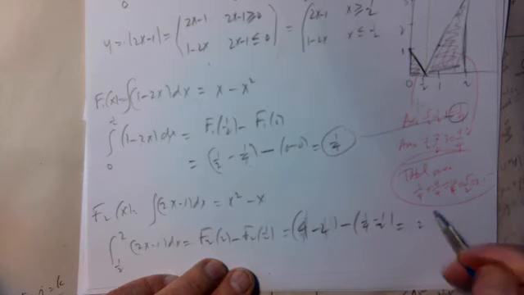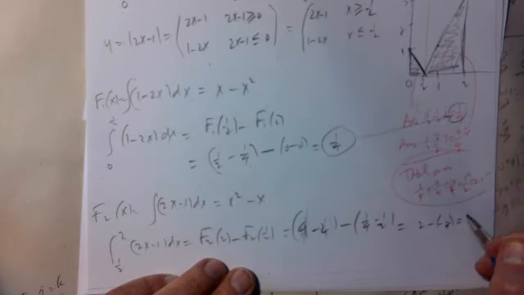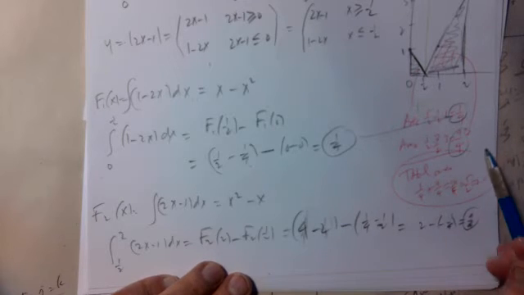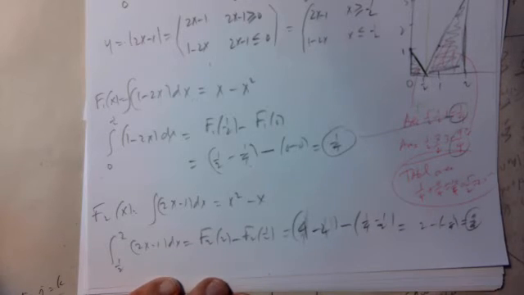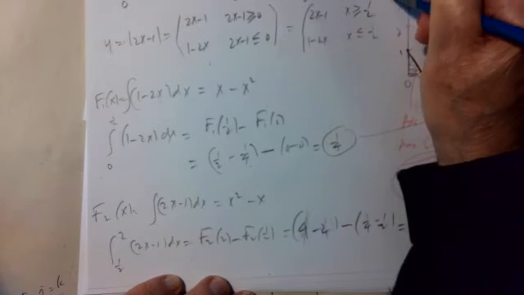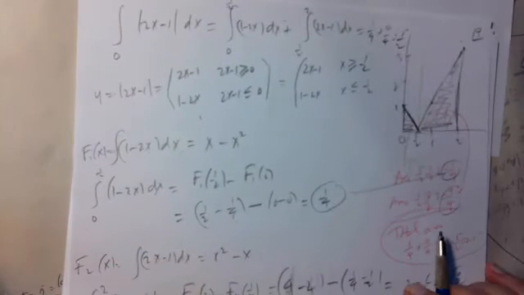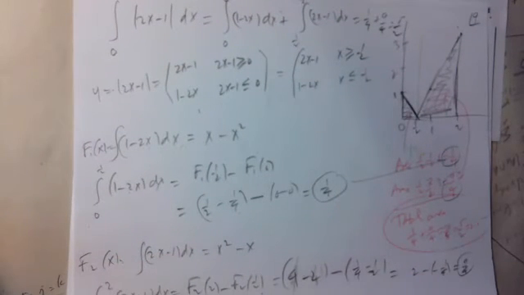That's equal to 2 minus 1/4, which is 9/4. Exactly that. And when you add the two together, you get 1/4 plus 9/4, which is 5/2. So that's what it is.